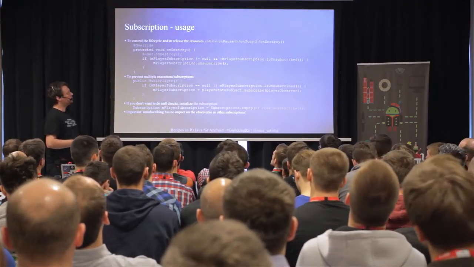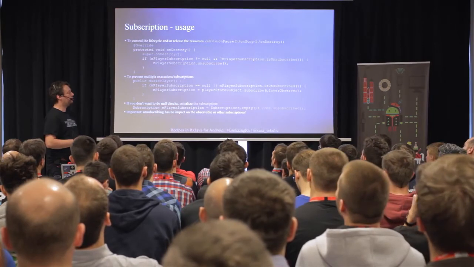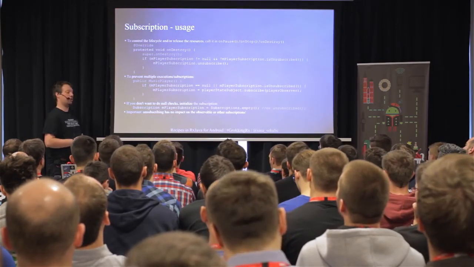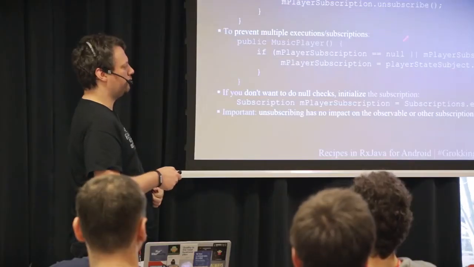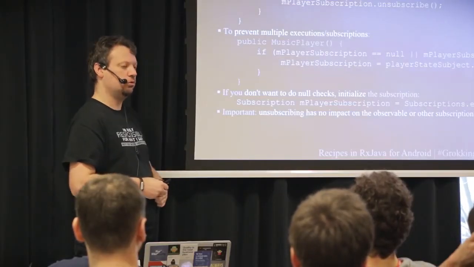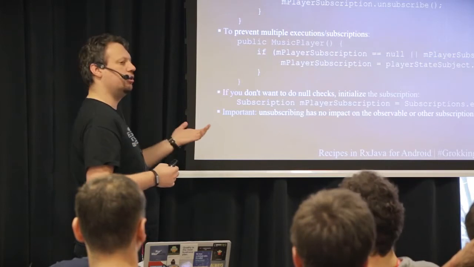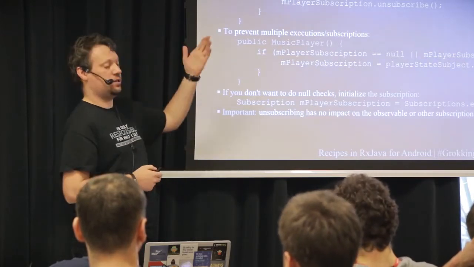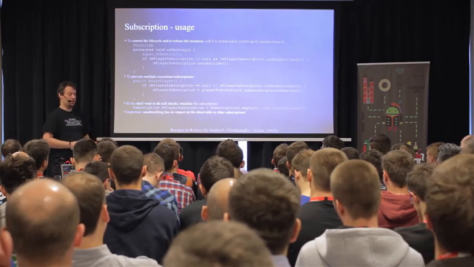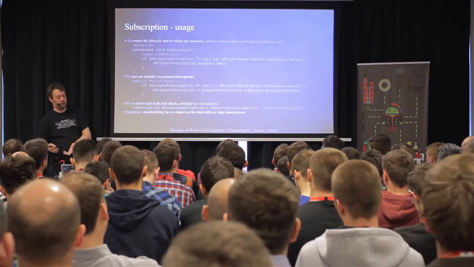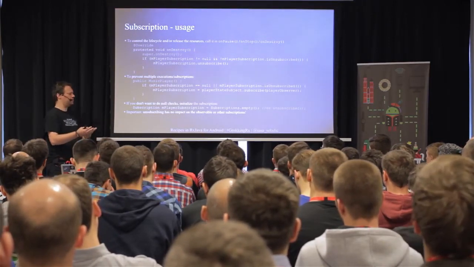You can also use this, as I said, to prevent multiple subscriptions or executions of the code. In the case, for example, where you want to subscribe to the player to start the UI on resume, first check if it's unsubscribed. If it's not unsubscribed, then unsubscribe it and resubscribe again, so you get the new reference.